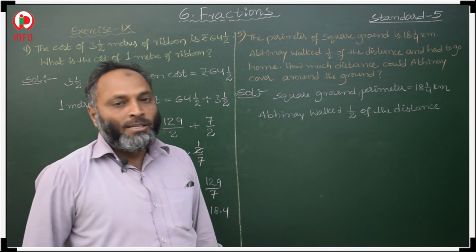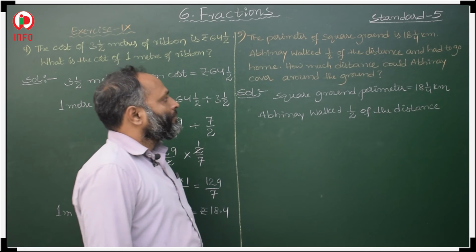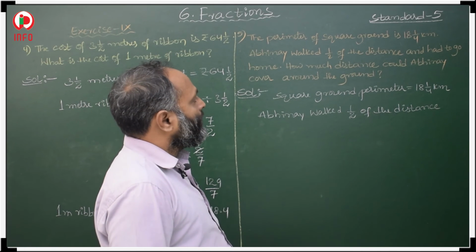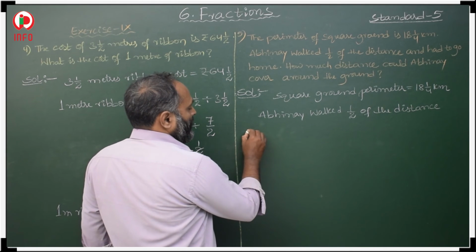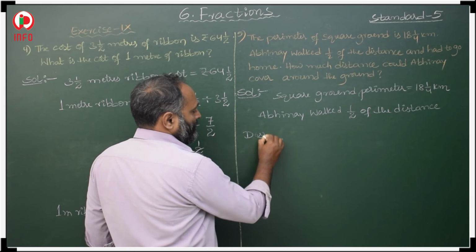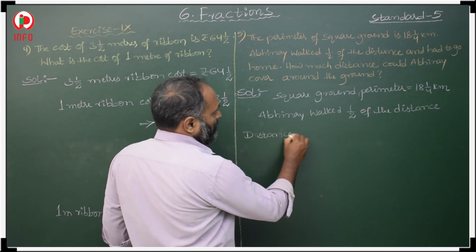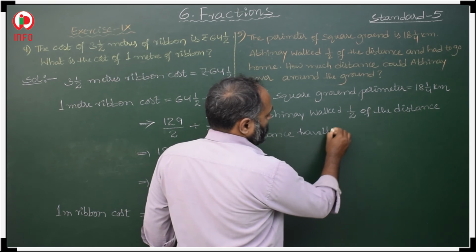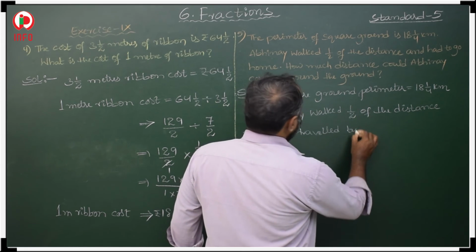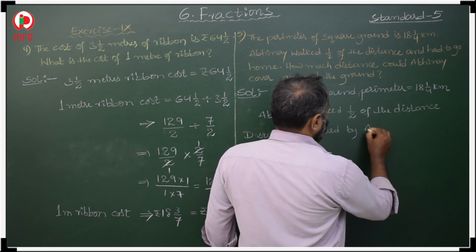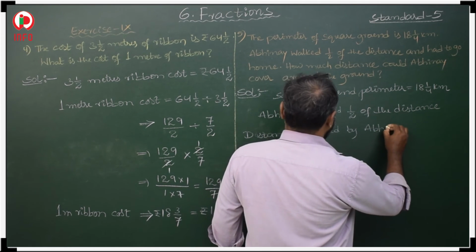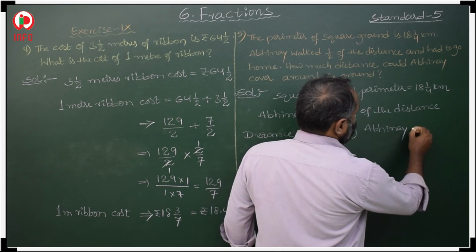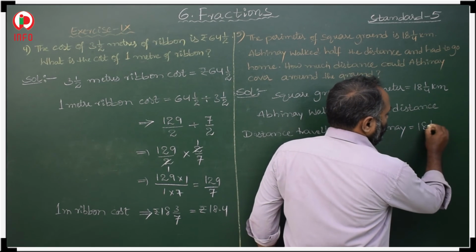So 1 by 2 of the distance he walked. Then the distance travelled by Abhinay is equal to 18 1 by 4.